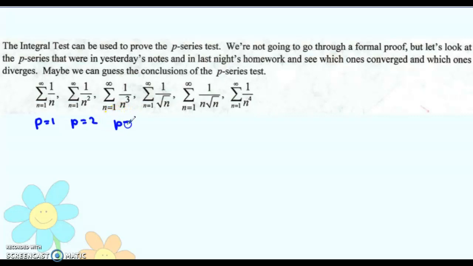Here we've got p is equal to 3. Here we've got p equal to 1/2. Here p is equal to 3/2. And here p is equal to 4. So take a moment and look at the integral test for these and try to determine what you think the p-series test is.